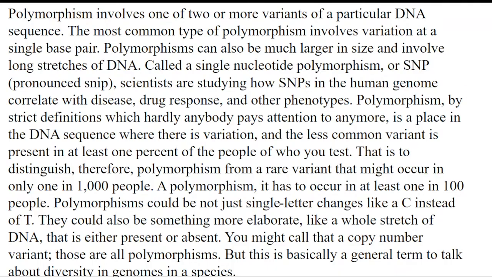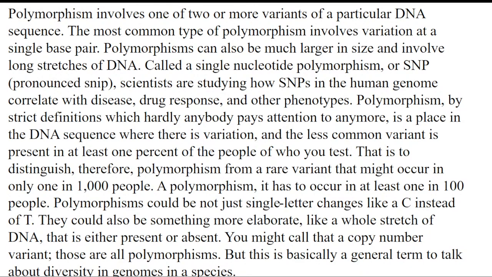So students, the change in a single base pair is called a single nucleotide polymorphism or SNP, pronounced SNP. Scientists are studying how SNPs in the human genome correlate with disease, drug response, and other phenotypes.